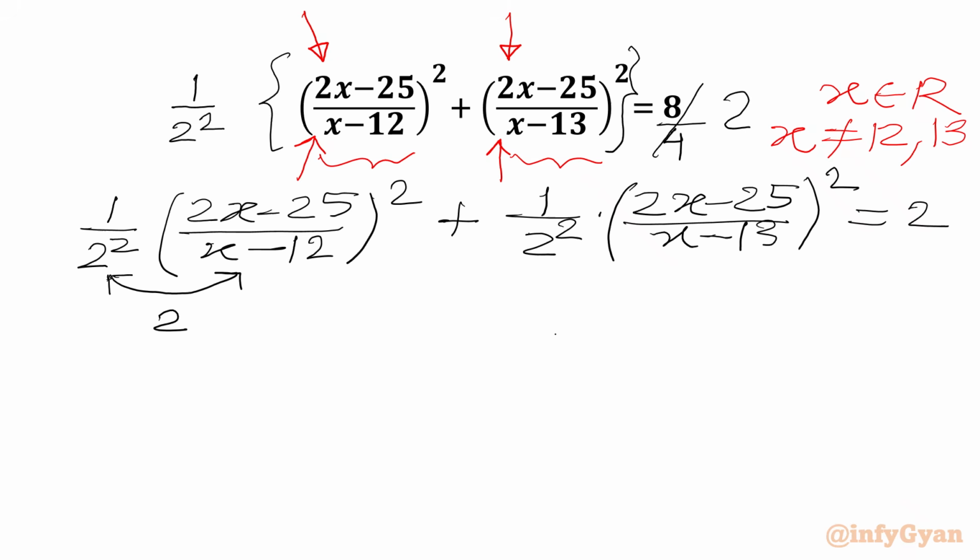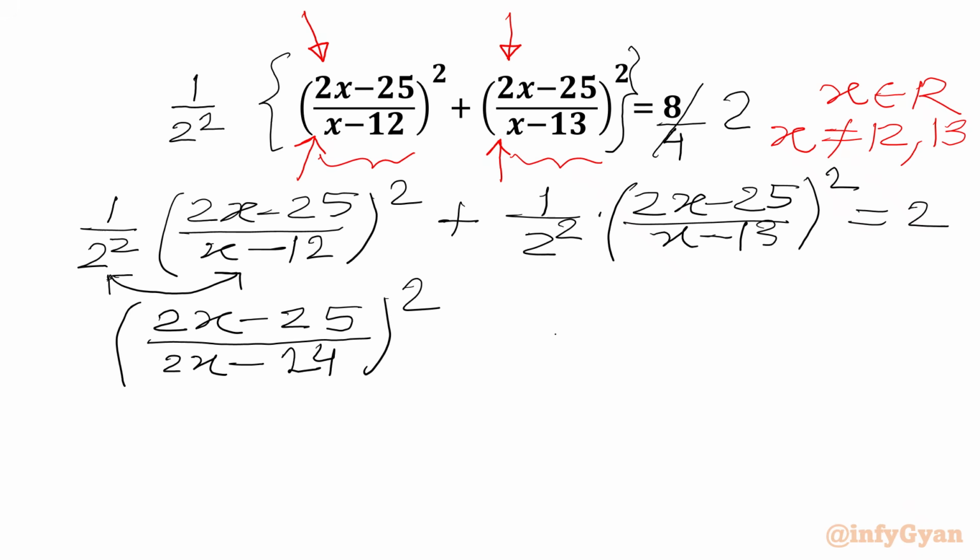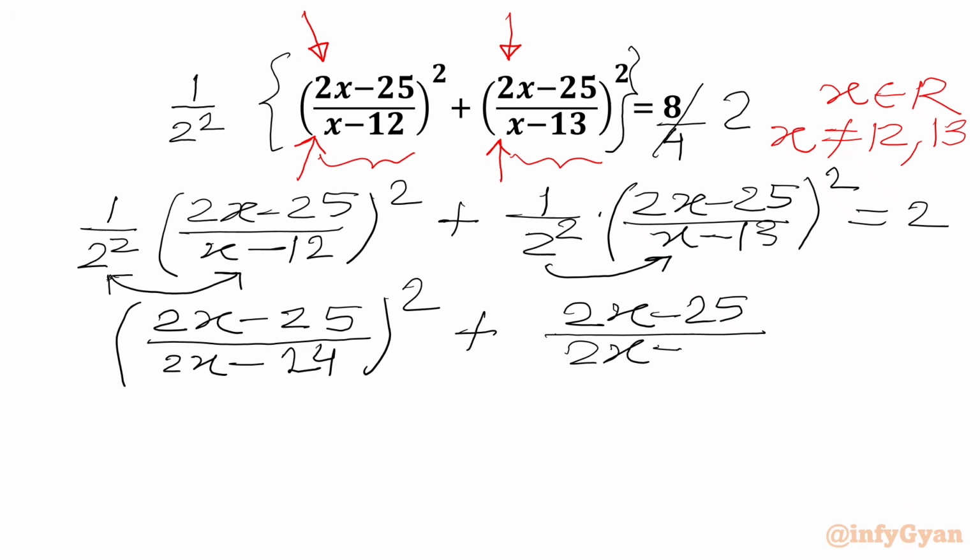So we will write 2x minus 25 over 2 times x minus 12, which will give us 2x minus 2 times 12 is 24. Then we'll put whole square plus. Here we'll multiply x minus 13 with 2. So in the numerator 2x minus 25 and in the denominator we will write 2x minus 2 times 13, 26. Then we have whole square equal to 2.